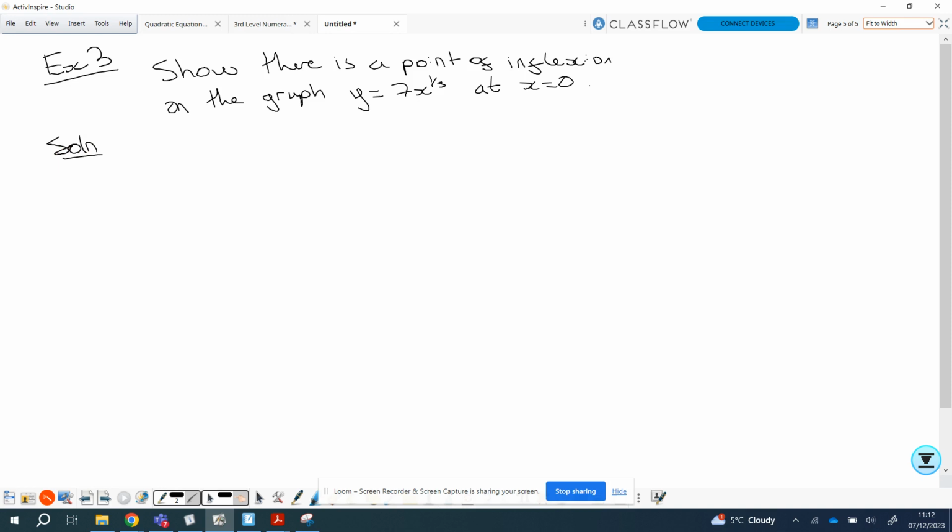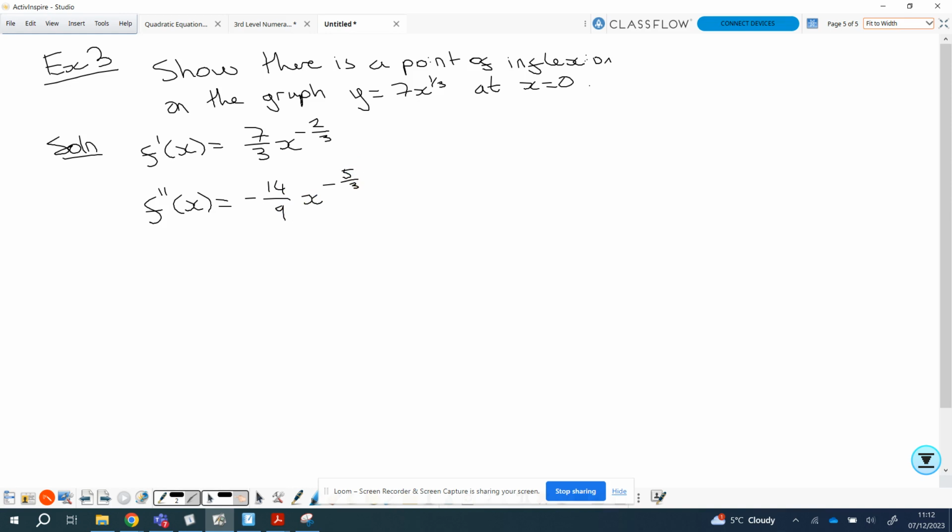We need to differentiate this twice. To differentiate it the first time, I'm going to get 7 over 3 x to the power negative 2 over 3. And then if I differentiate it again, I'm going to get negative 14 over 9 x to the power minus 5 over 3.